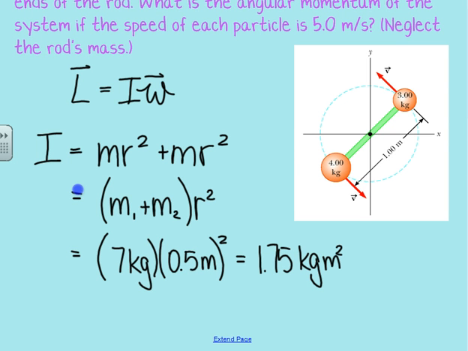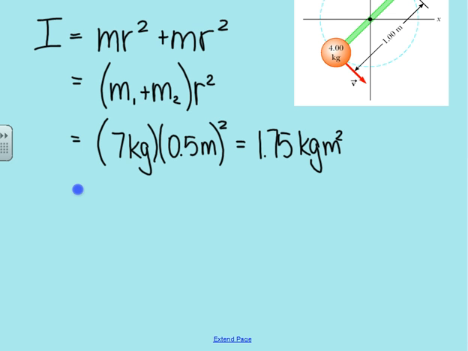So we'll plug that into our equation. But immediately I notice that I'm not given an angular speed, because the unit of the speed that I'm given is meters per second. Instead, I'm given a linear speed. Fortunately, we know that the angular speed is just the linear speed, or the tangential speed, divided by the radius.